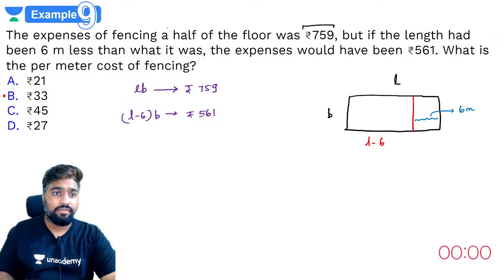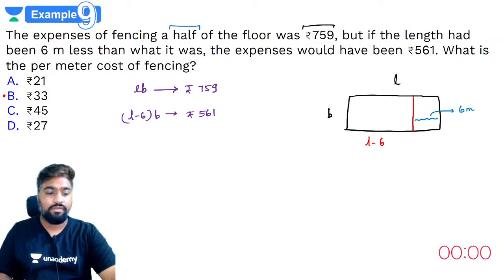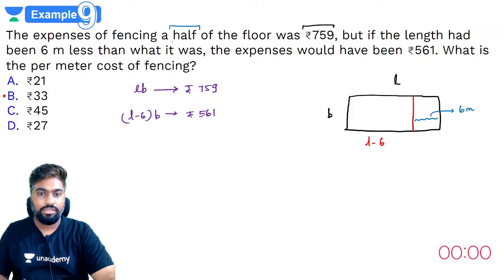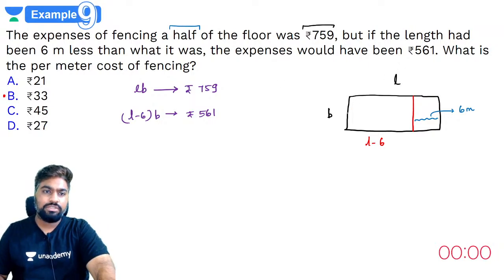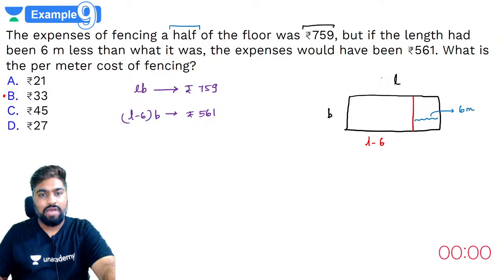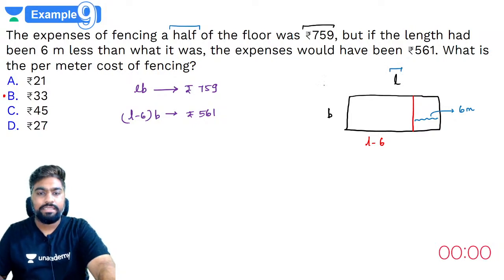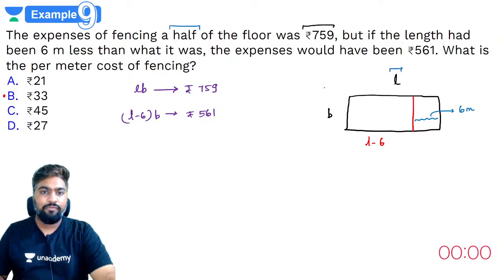Sorry, half of the fencing, half of the floor. Okay, half of the floor. Sorry. चलो ठीक है, no issues. It doesn't matter half floor, full floor. आप जो half floor का length L ले लो, कोई tension नहीं है.